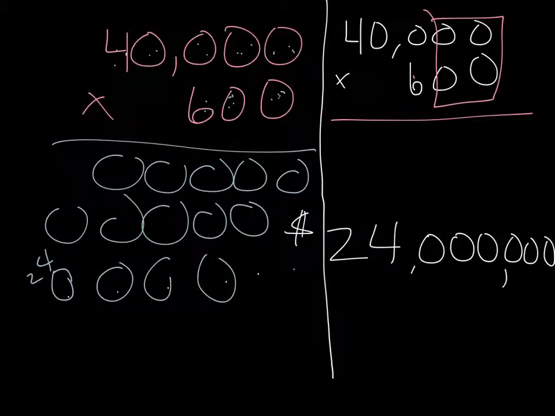6 times 0 is 0. 6 times 0 is 0. 6 times 0 is 0. And 6 times 4 is 24. Now, I need to add the zeros that I took off from right here.